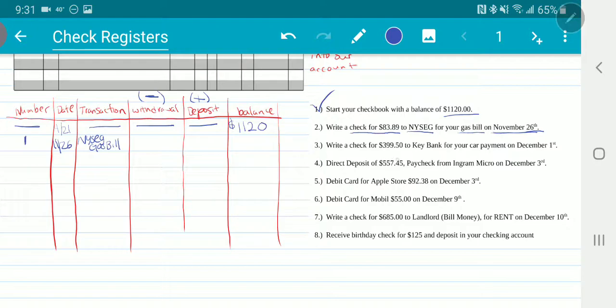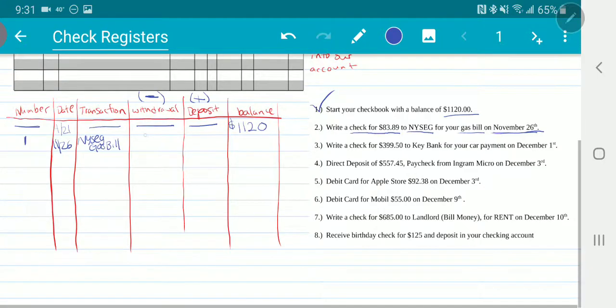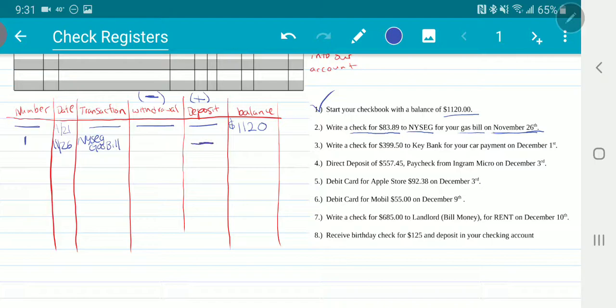If I am making a payment for a gas bill, I'm paying something, my account is going to go down. So in this case, that would be a withdrawal. It's not going to be a deposit. So I am withdrawing $83.89. As soon as I see that, I'm going to subtract.